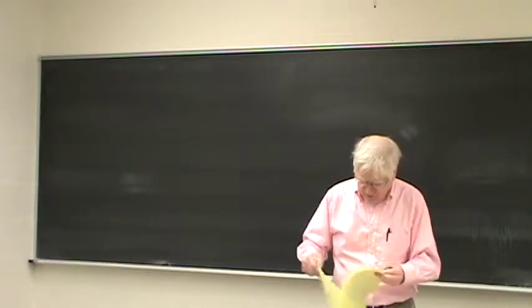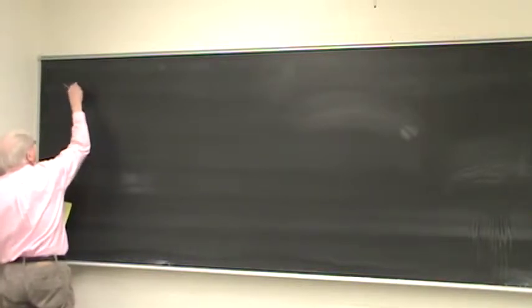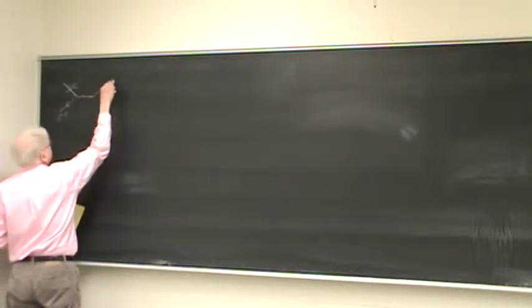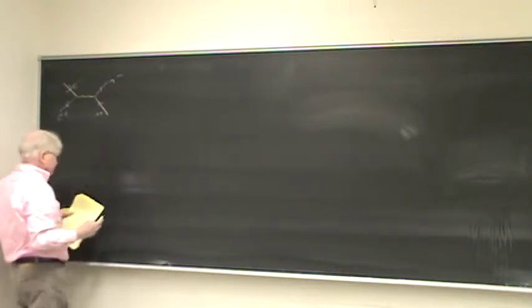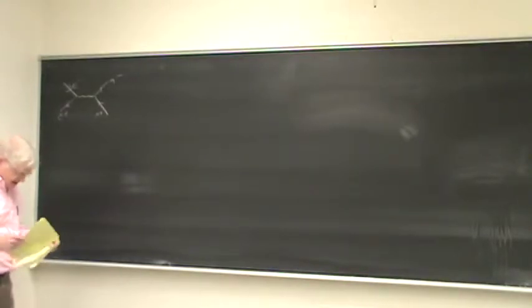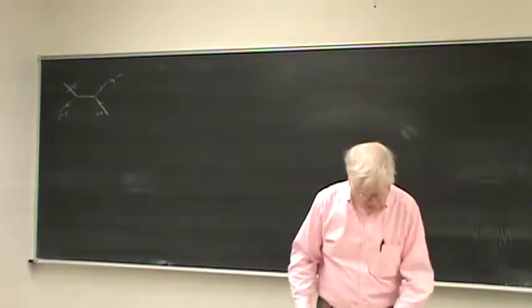Now let me find where we were at the end. The picture, of course, is the Feynman diagram: e-, e+, mu-, mu+. And we have been using a certain identity, which was one of the homework problems.